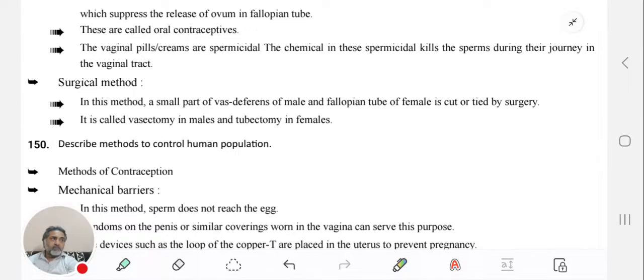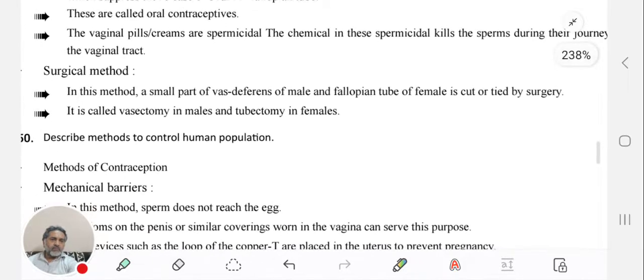The chemical in the spermicidal kills the sperm during the journey in the vaginal tract. Surgical method. In this method, a small part of vas deferens of male and fallopian tube of female is cut or tied by surgery. It is called vasectomy in males and tubectomy in females.